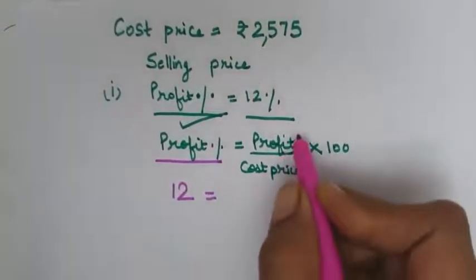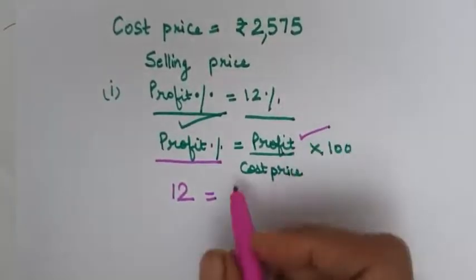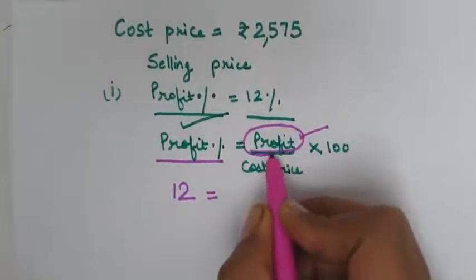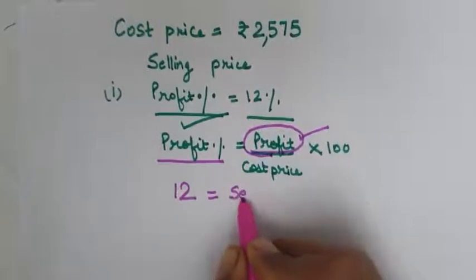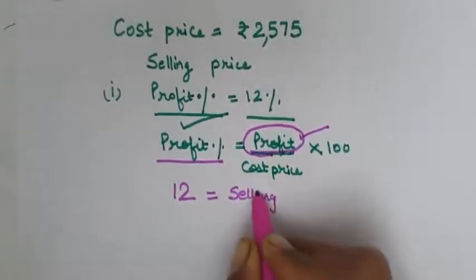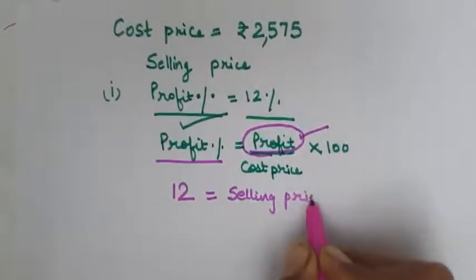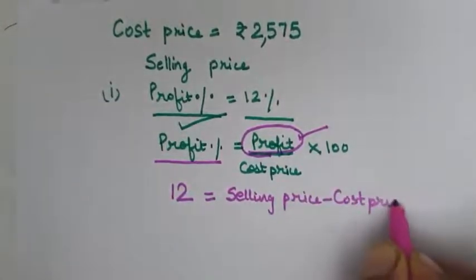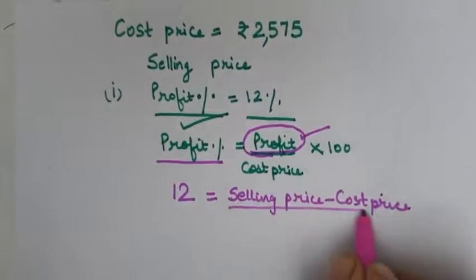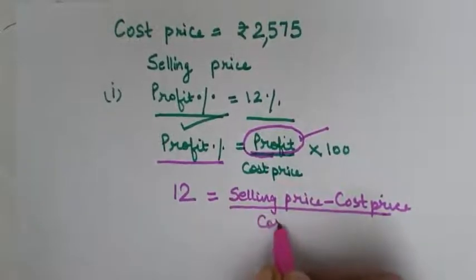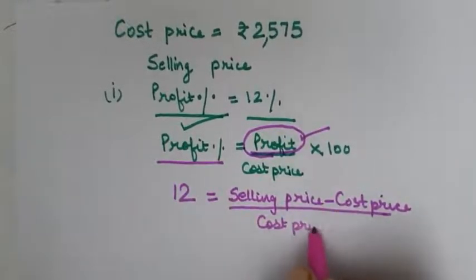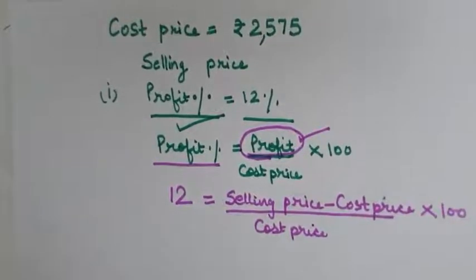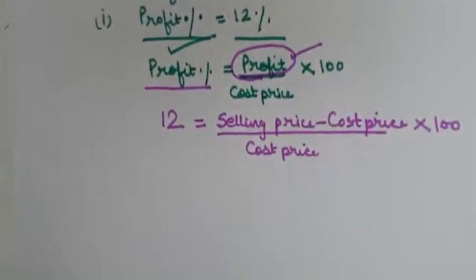We don't know the profit, but we can apply the formula, that is selling price minus cost price upon cost price multiply 100.